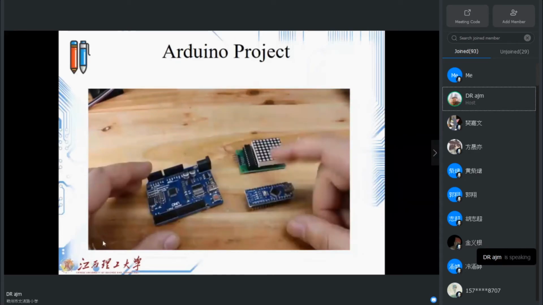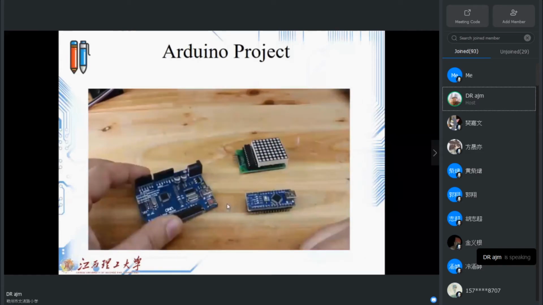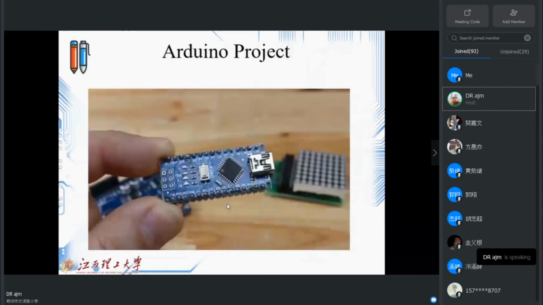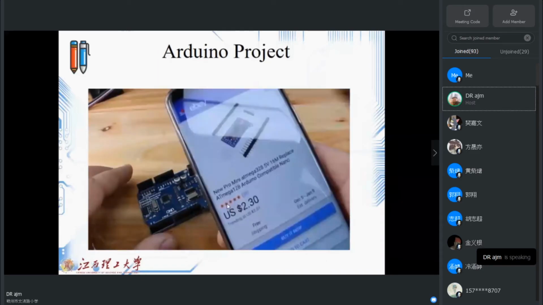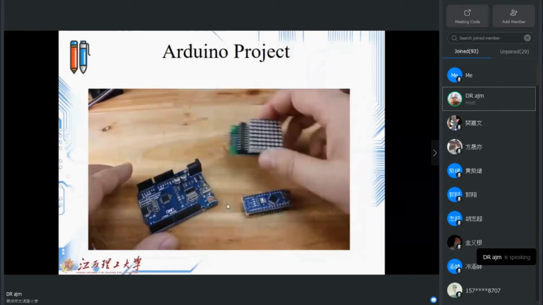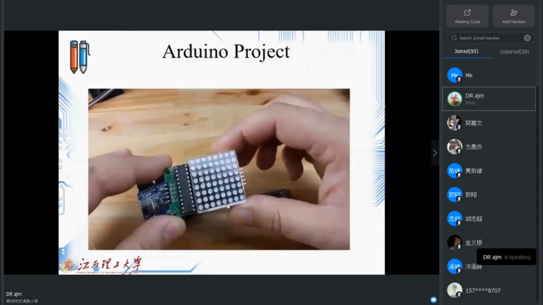This is the use of Arduino Nano and Uno, and this is the Nano one. You will see that it's very cheap. An 8x8 LED integrated module. You see that it's also a very cheap module.